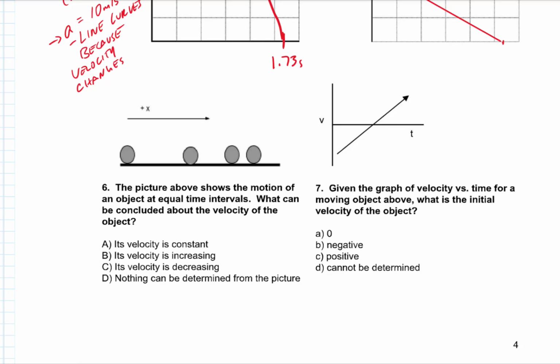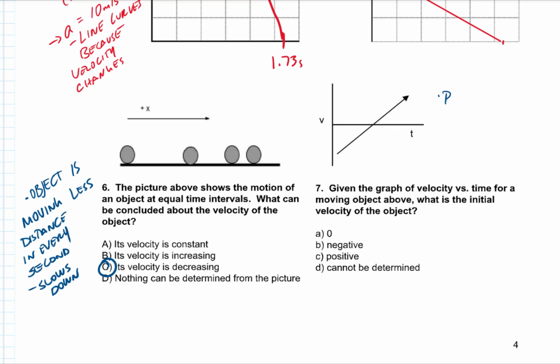Well, if we look at that, the object is moving less distance in every second. In every little time interval, we're moving less and less distance. That means I'm not going as far each second, or my position per time is getting smaller. It means my velocity is decreasing. The object slows down. The velocity is decreasing.